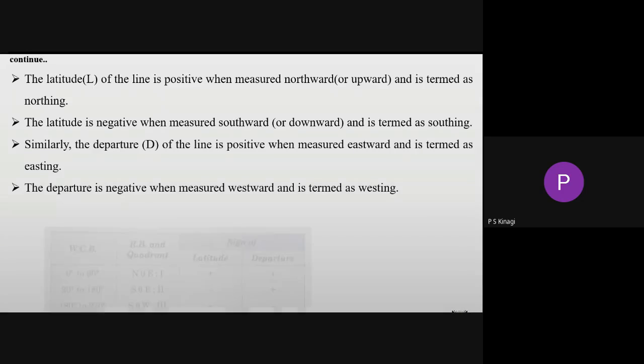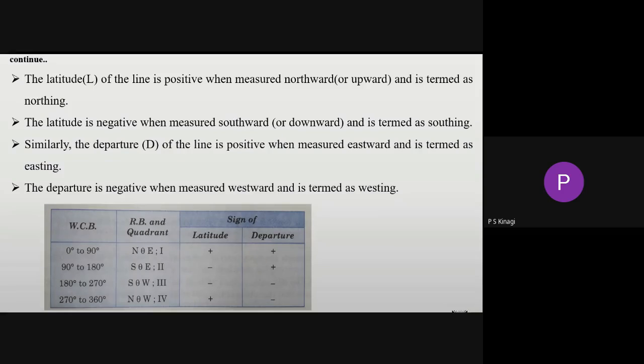On that basis, with respect to compass angles, what are the sign conventions of latitude and departure? If our whole circle bearing is 0 degrees to 90 degrees, whatever the theta value is, it is between 0 and 90 degrees, and the bearing is north to east. In that condition, the sign convention of both latitude and departure is positive.